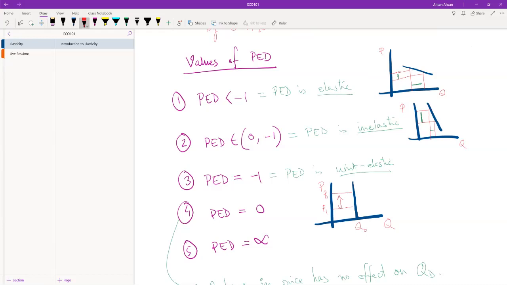And so this is known as PED being perfectly... running out of space to write.